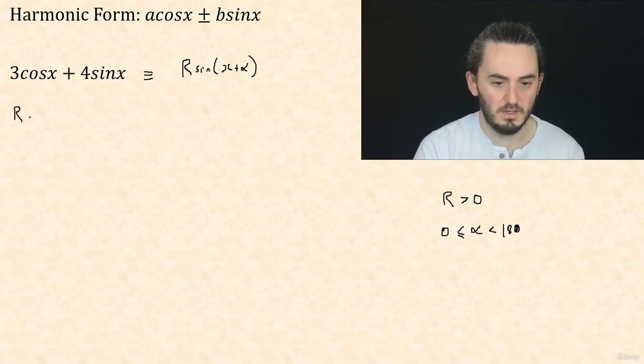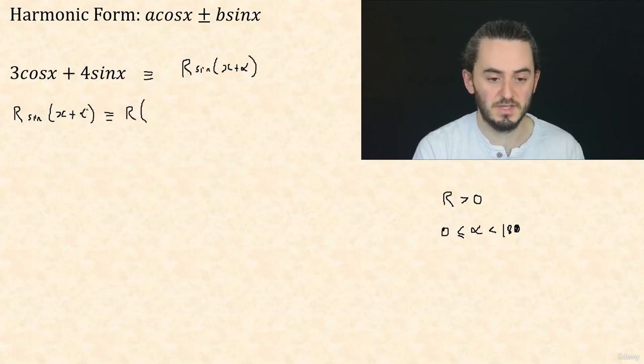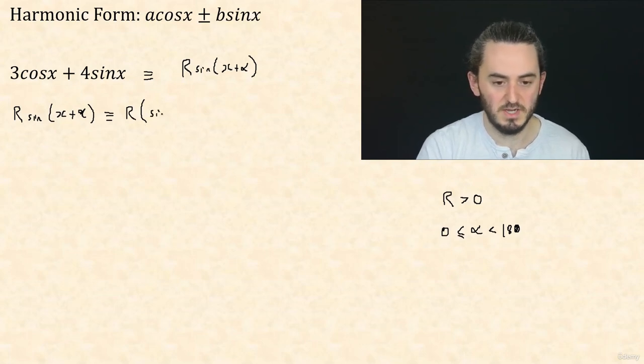So I can say that r sine of (x plus alpha) is the same as r times, and then if I expand sine of something plus something, sine of (a plus b), it's sine a cos b plus sine b cos a. Okay, now let's expand this out, and I'm just going to shuffle the order around.